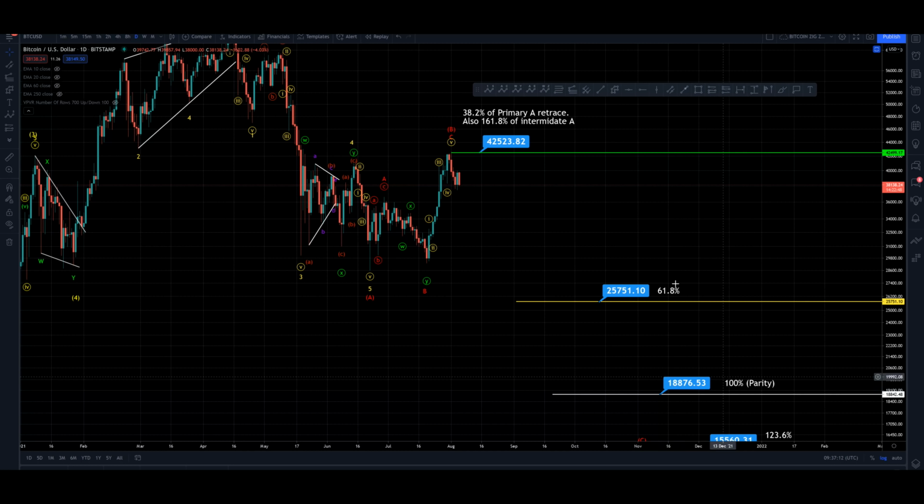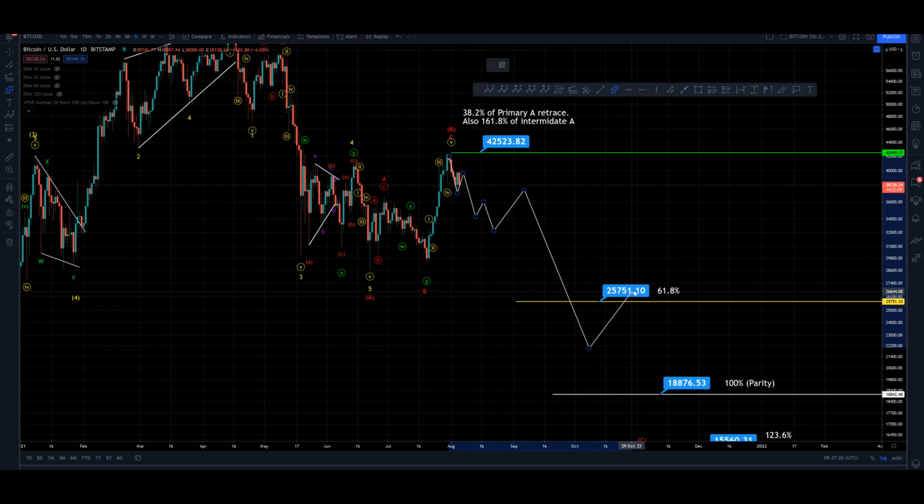This is 100% parity, and this would give us time, if this is a 1 2 of a 1, 3, 4, 5 of a 1 2 3 4 5, to bring ourselves down in a C wave to complete here at parity and pick up Bitcoin for under 20k. Now I like this scenario because I think this would cause some serious panic and some serious concern and some liquidation events.